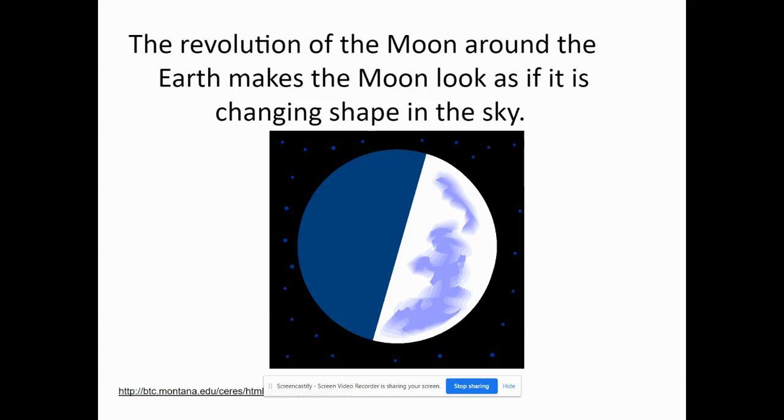So the revolution, or the moon going around the earth, makes the moon look as if it's changing shape in the sky. We're just seeing different parts, more or less, of that bright side of the moon, depending on when we are looking at it. A revolution just means going around.